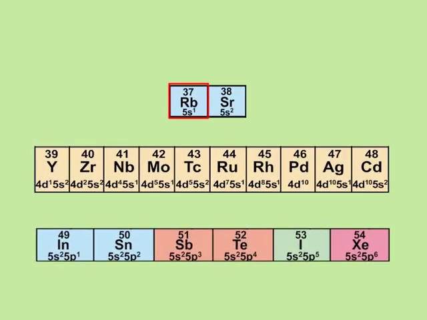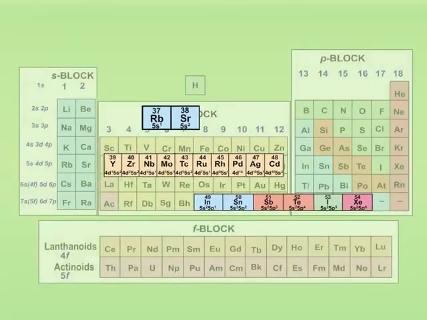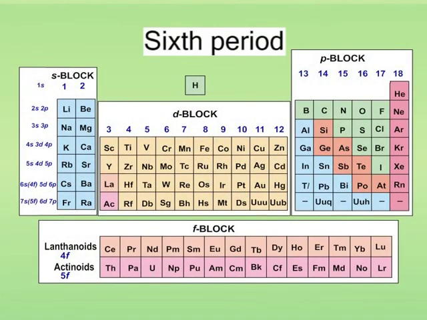It begins with rubidium, that is Z equals to 37, in which one electron enters the 5s orbital, and ends up with xenon, that is Z equals to 54, in which filling of 5p orbitals is complete.